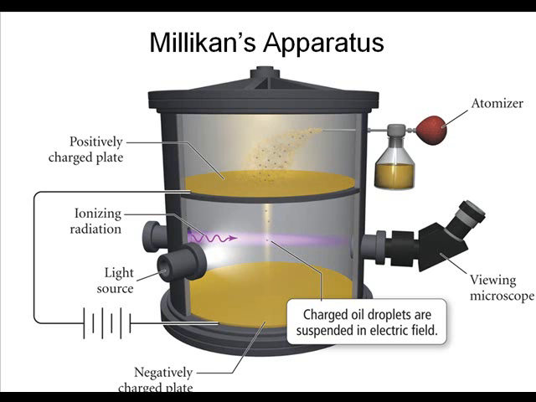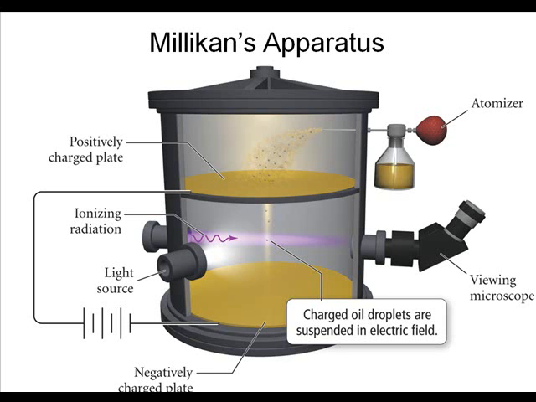That is to say, he hit it with radiation and stripped away the electrons. Now those oil droplets have a charge to them. And so then what he does is he uses a positive and negatively charged plate, and he adds electricity to these two plates. He creates an electric field.